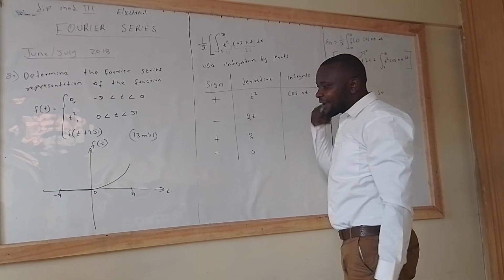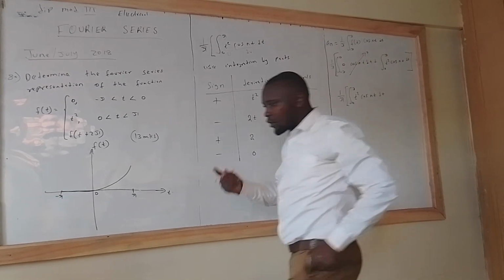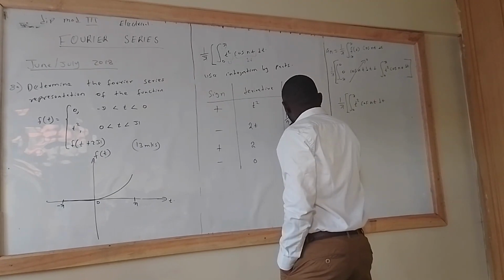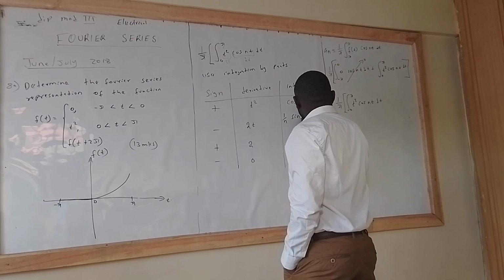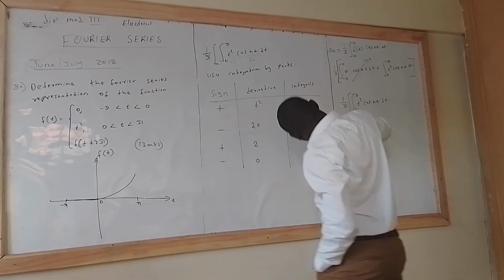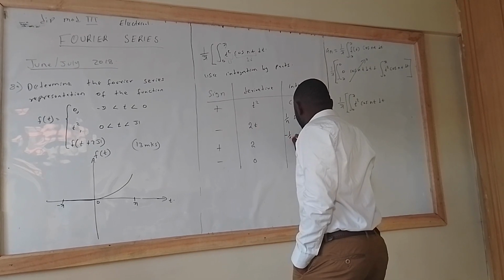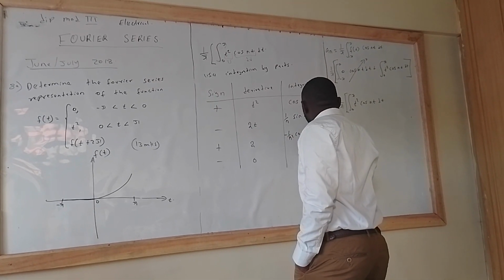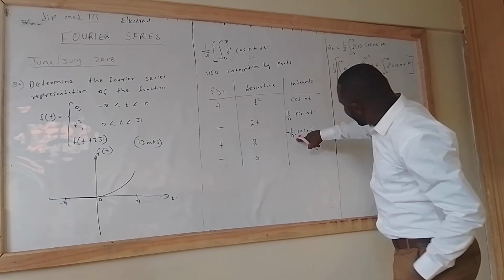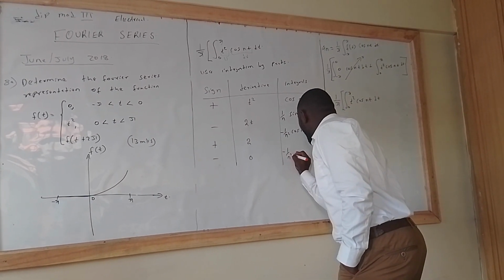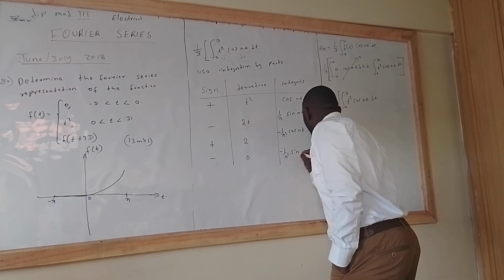If I integrate cos of nt, I will get 1 over n sine of nt. If I integrate this again, I will have negative 1 over n squared cos of nt. If I integrate this again, I'll have negative 1 over n cubed sine of nt.